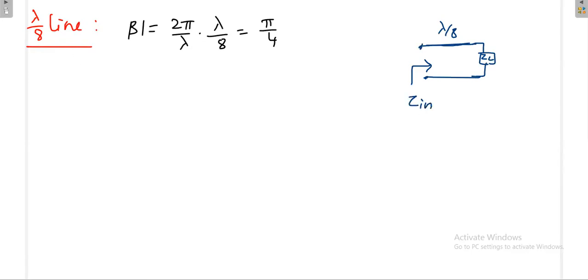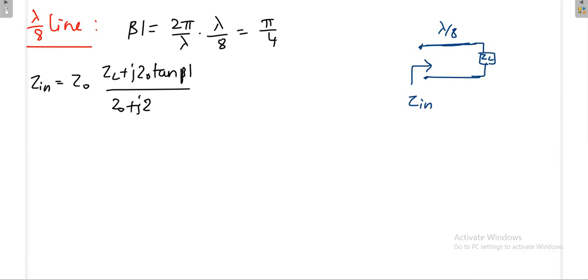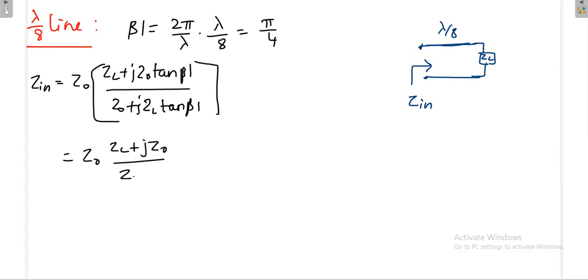Our formula is Zin is equal to Z0 times (ZL + j Z0 tan beta L) divided by (Z0 + j ZL tan beta L). Once you substitute, tan pi by 4 is 1, so that is simply (ZL + j Z0) over (Z0 + j ZL).